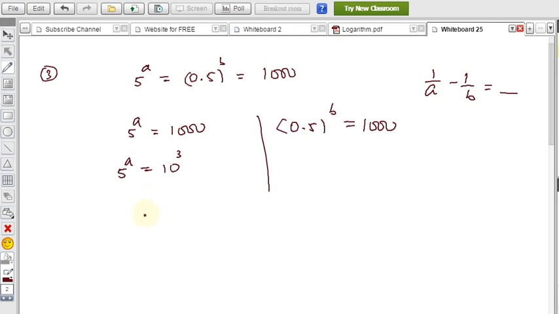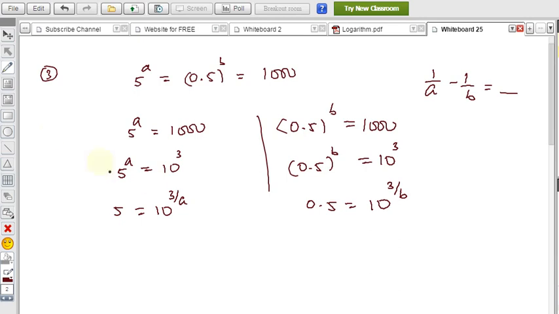From this I want only the 5 value. So 5 is equals to 10 to the power 3 by a, taking the whole to the power 1 by a. So 5 is equals to 10 power 3 by a. Now on this side, (0.5) whole power b is equal to 10 power 3, same. Taking whole power 1 by b on both sides, 0.5 is equal to 10 power 3 by b.